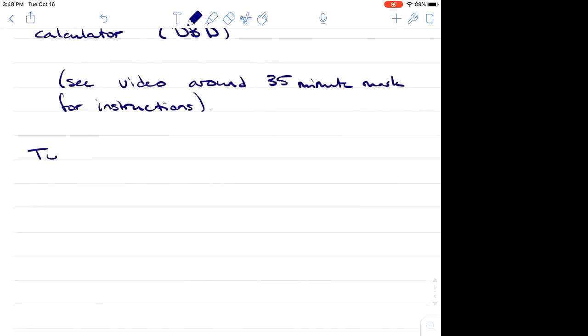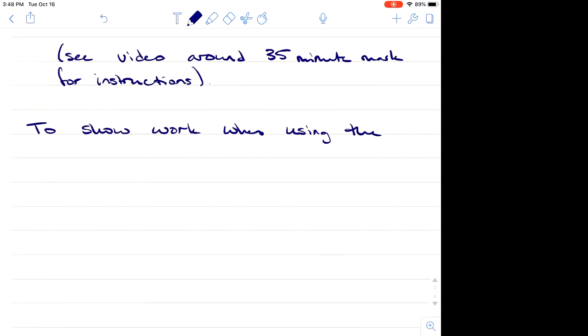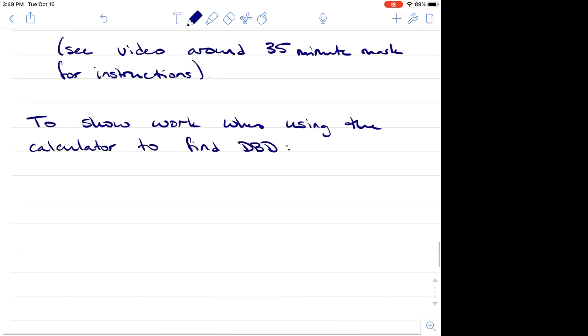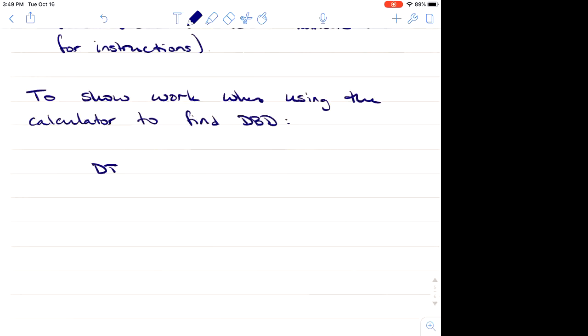So to show work when using the calculator to find days between dates, we say that date 1 is something, and the format is month, month, dot, day, day, year, year.